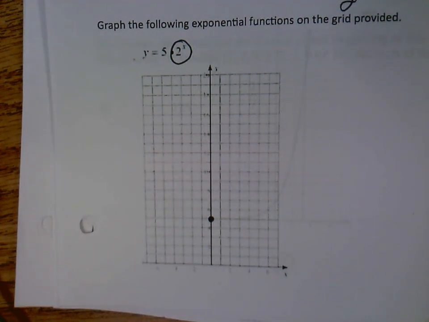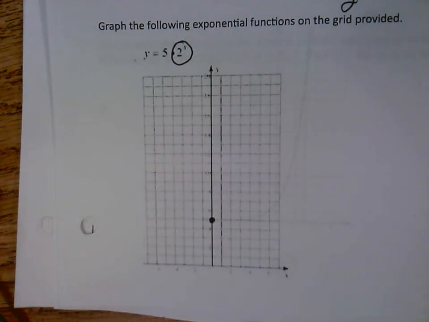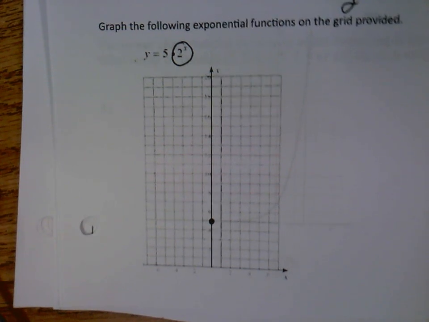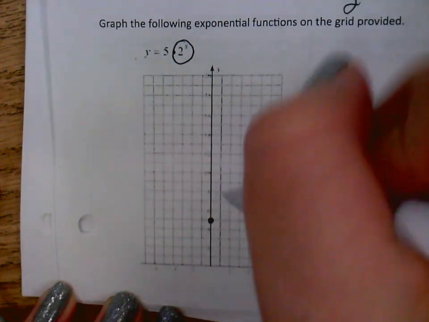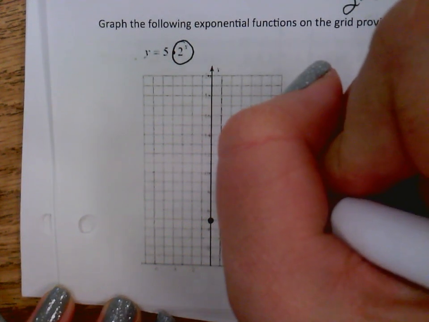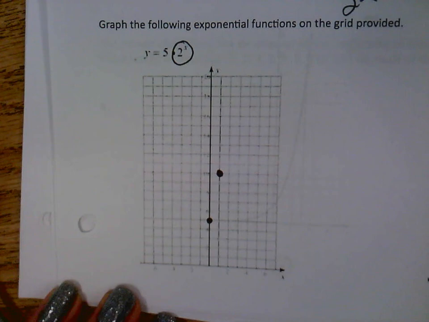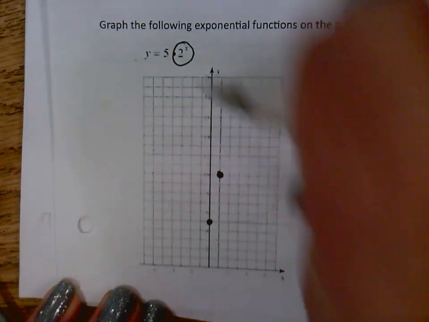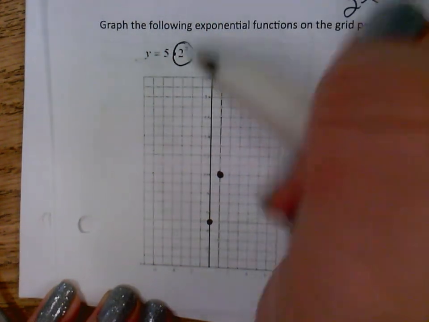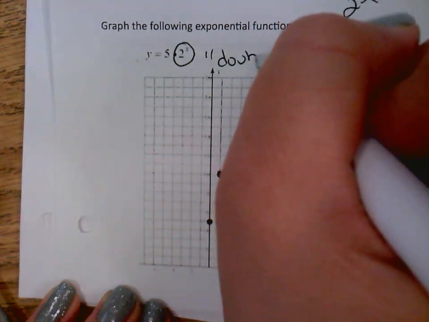It tells me that I'm doubling the number each time. If I start at 5 and I double it, how many would I have? 10. What if I double 10? I started at 5 because that's my y-intercept, and this just says to double every time.